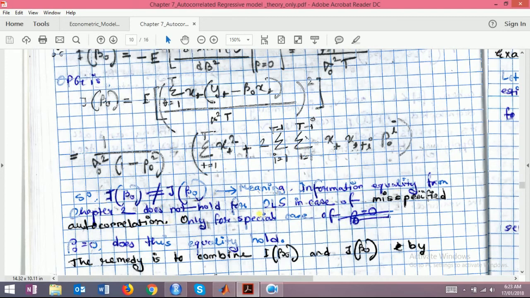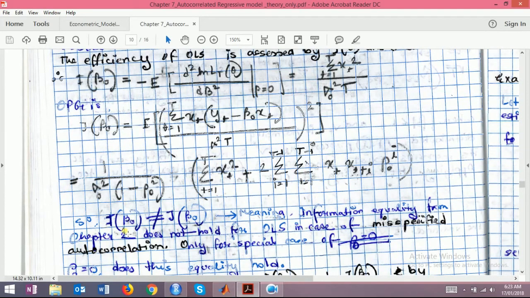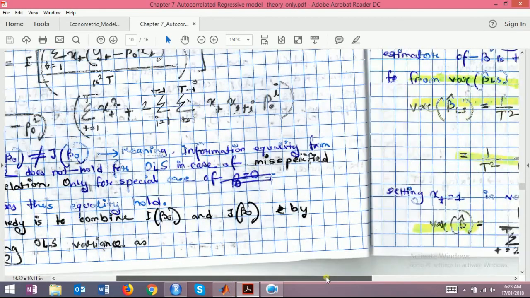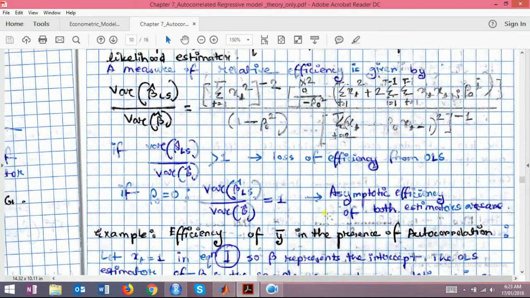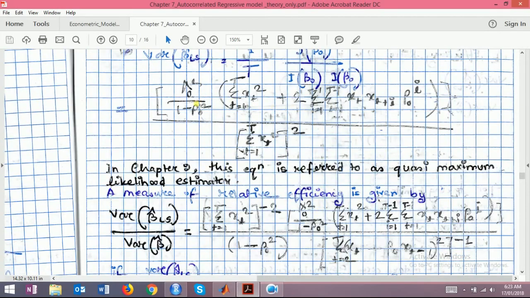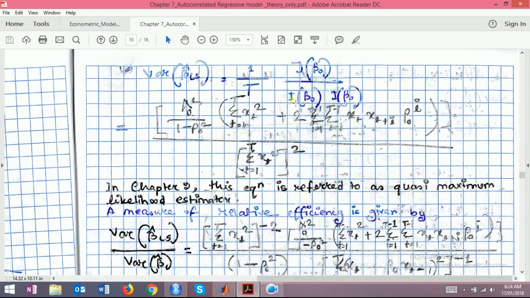Information equality does not hold for OLS, so it gives us misspecified information. We want them to equalize, hence we combine them in our expression of OLS variance, which is sigma naught square divided by 1 minus rho square.